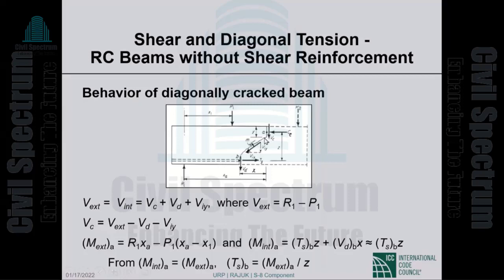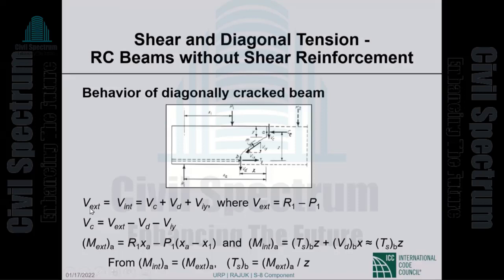V sub I is the shear that is resisted by aggregate interlock because the surfaces of the crack are rough and the aggregate, the stone on that surface, rub against one another. So the vertical component of the aggregate interlock shear is V sub I y.